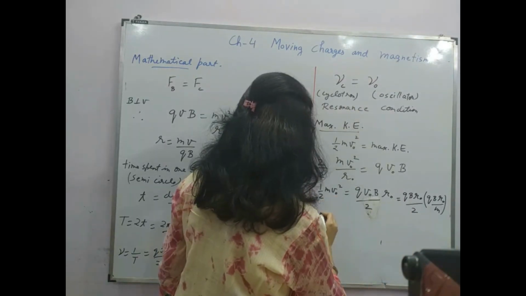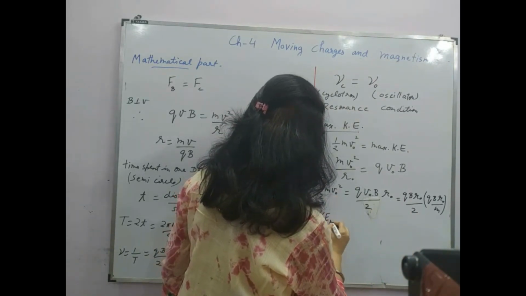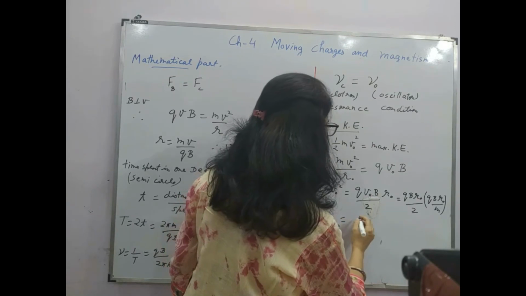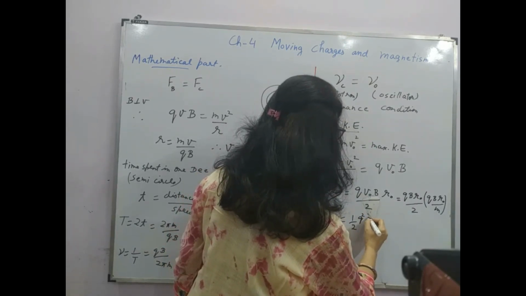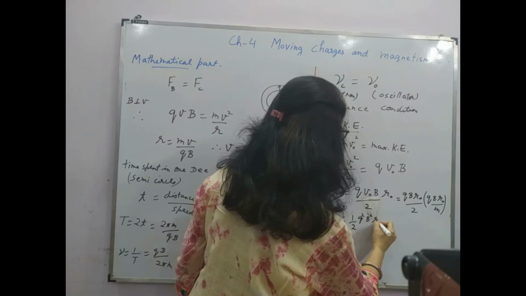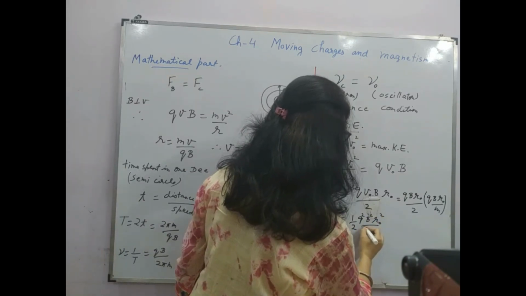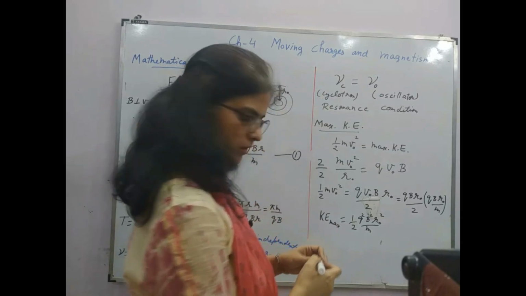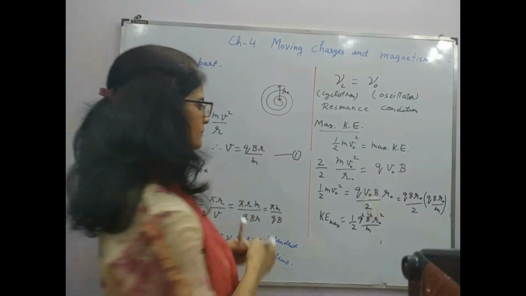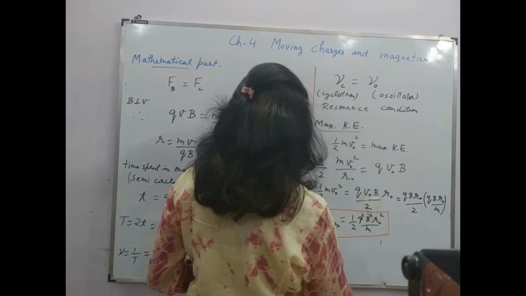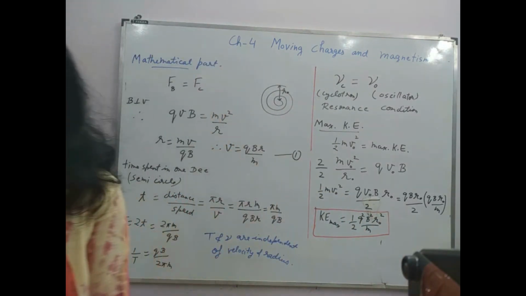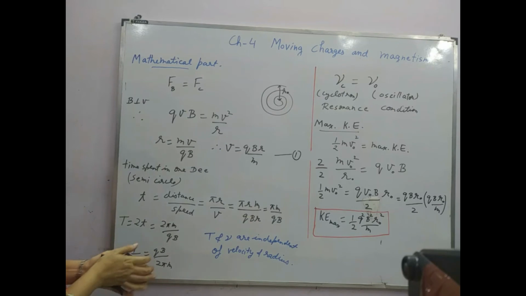So this will give me kinetic energy maximum is equal to half Q square B square R naught square upon M. This is the maximum kinetic energy. Now let's discuss some limitations of the cyclotron.